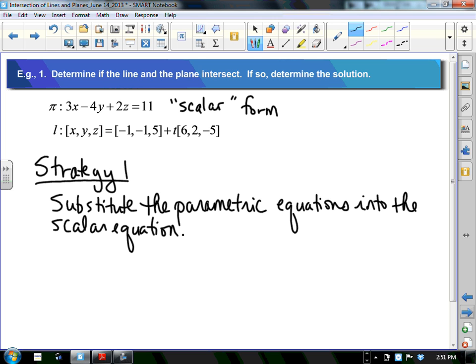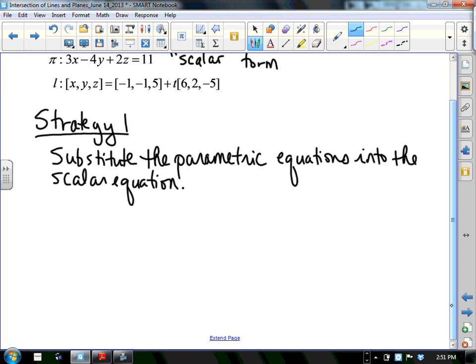By doing that, we can determine how the line interacts with and satisfies the equation for the plane. Let's take a look and see what happens here.